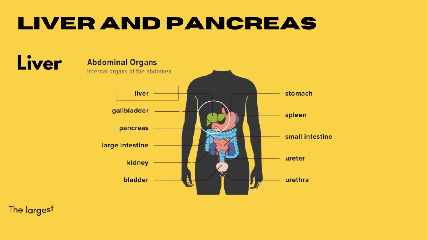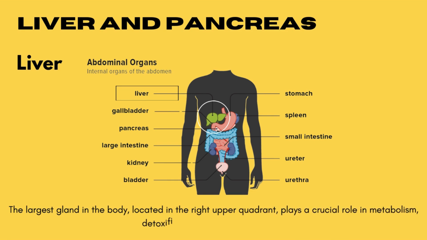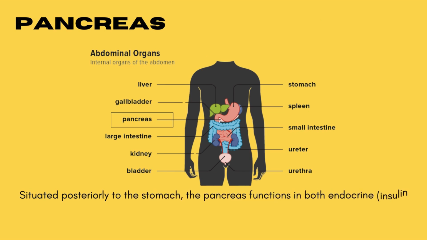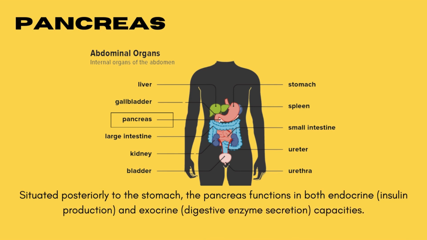Liver and pancreas. Liver. The largest gland in the body, located in the right upper quadrant, plays a crucial role in metabolism, detoxification, and bile production. Pancreas. Situated posteriorly to the stomach, the pancreas functions in both endocrine insulin production and exocrine digestive enzyme secretion capacities.